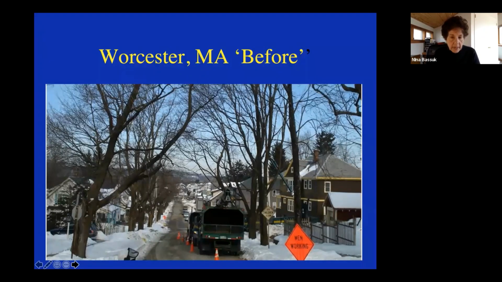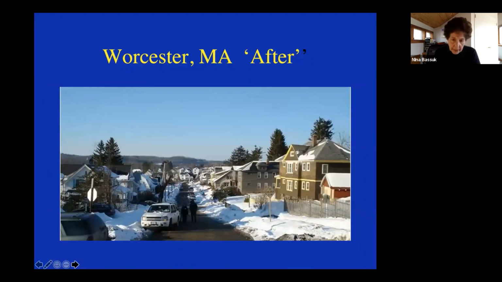So this is before the Asian longhorn beetle and after the Asian longhorn beetle. Again, tremendous devastation to the urban environment. Very difficult to eradicate some of these pests because it's not just your front yard or even your backyard. It's in the native woods around there. So, in fact, this was a major problem.